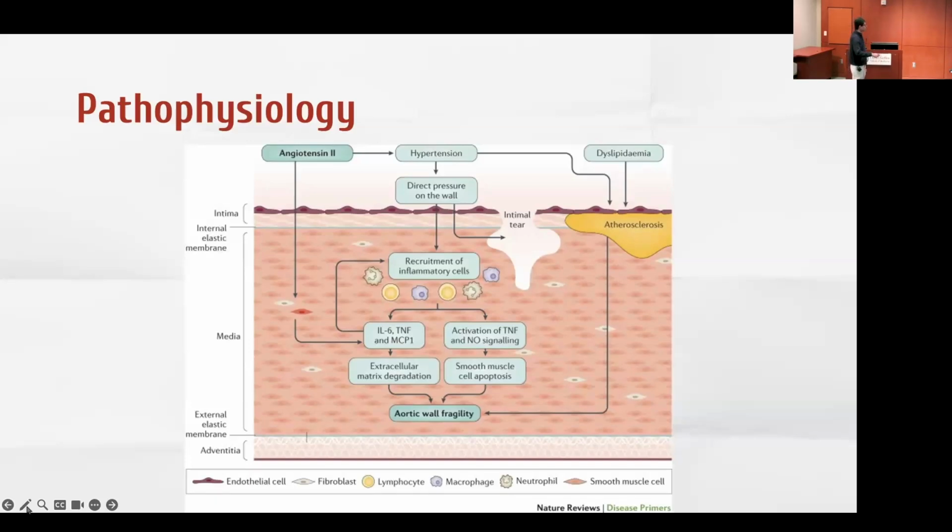And so the smooth muscle cells will undergo apoptosis, mediated by TNF and nitric oxide. You'll have extracellular matrix degradation by IL-6 and TNF signaling for matrix metalloproteinases to come in and destroy the ECM, and that weakens the aortic wall even more. And eventually it just leads to this vicious feedback cycle.